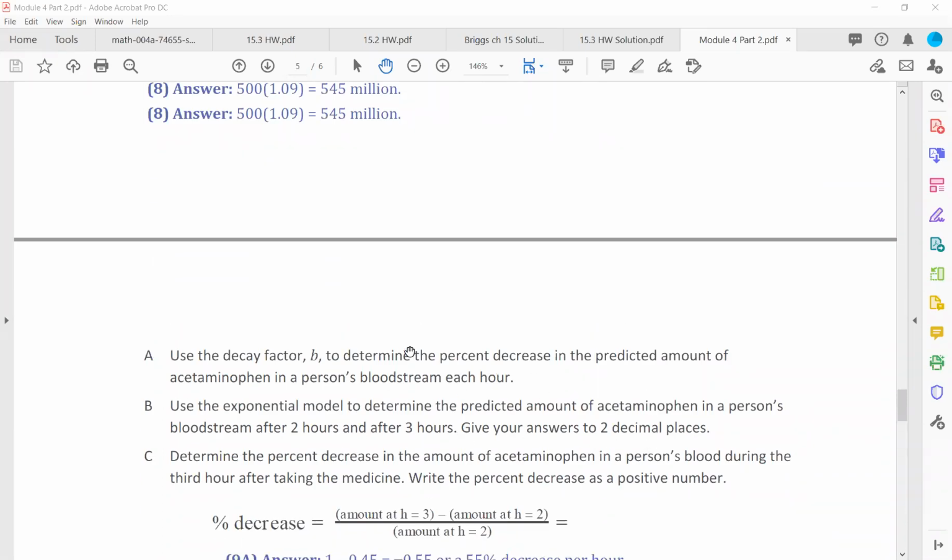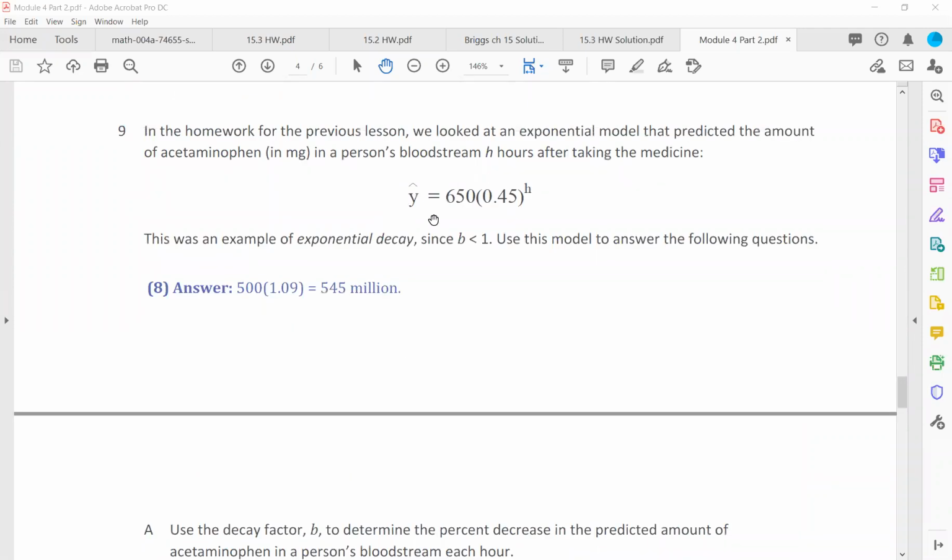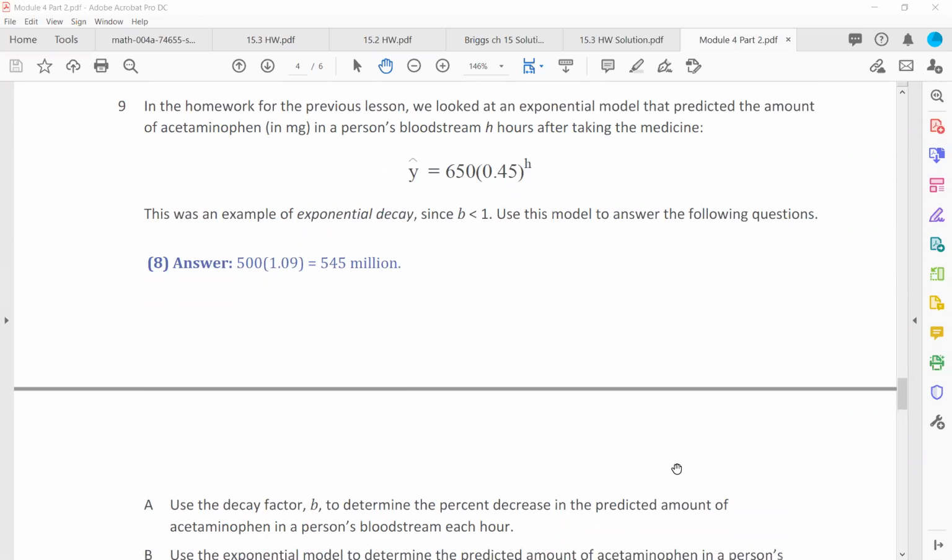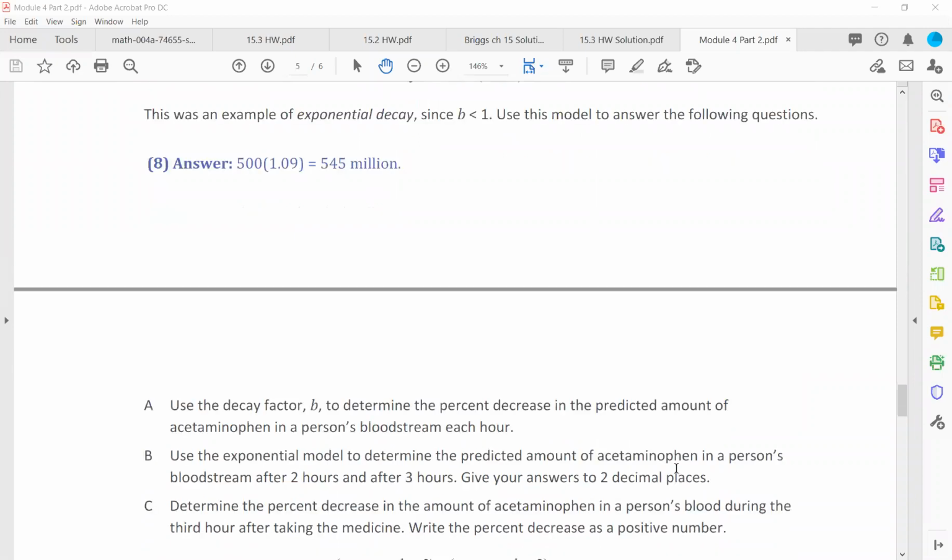So since you have your model as y hat equals 650 times 0.45 to the h, your h is 2 hours, your next h is 3 hours, and we find the amount of acetaminophen in the blood.